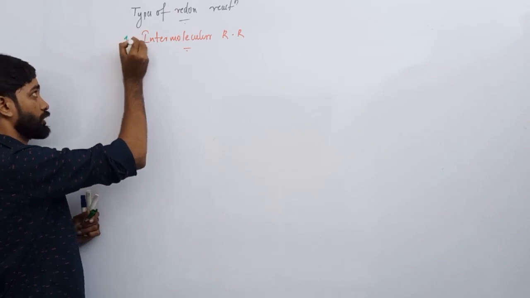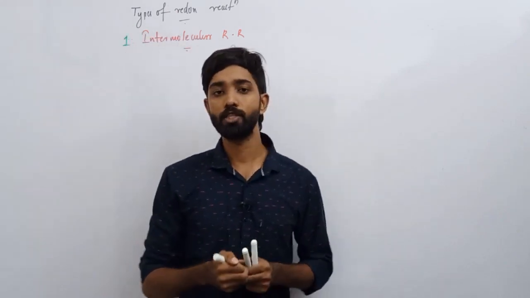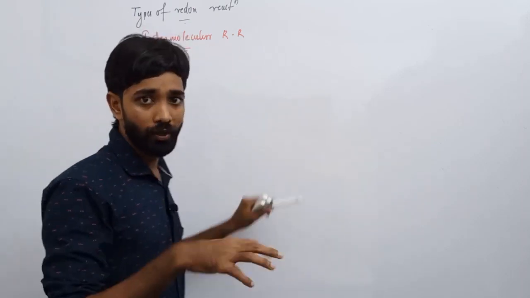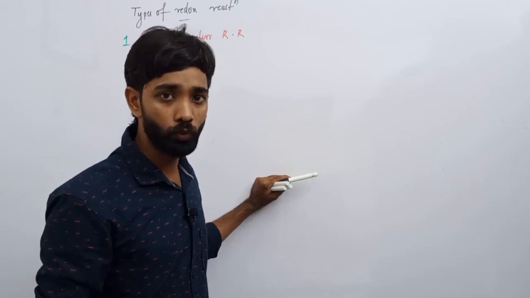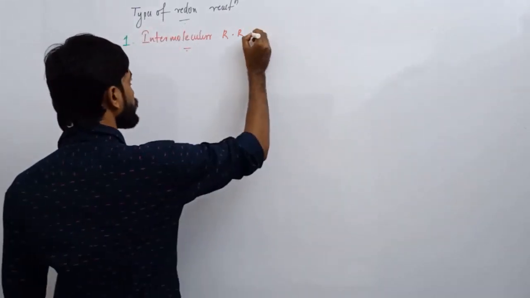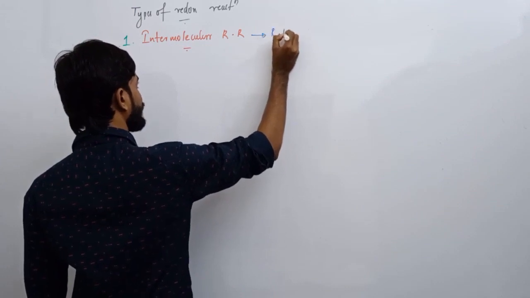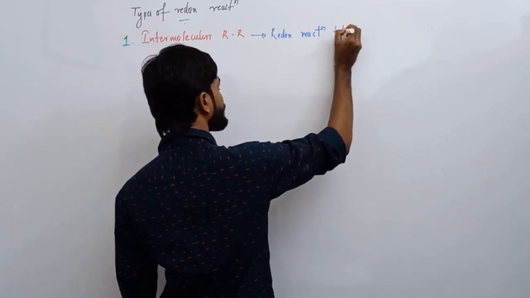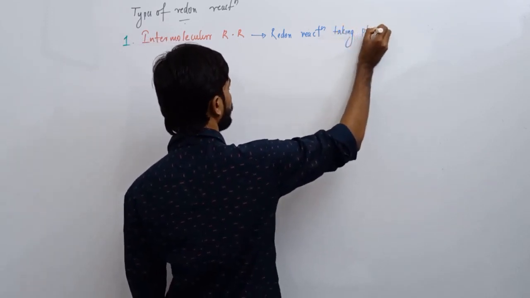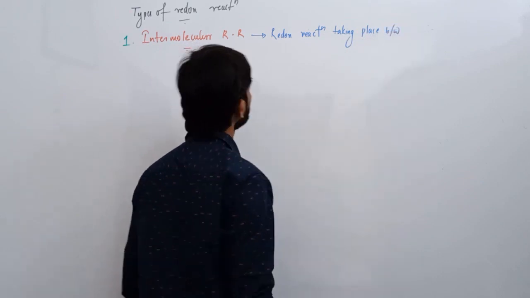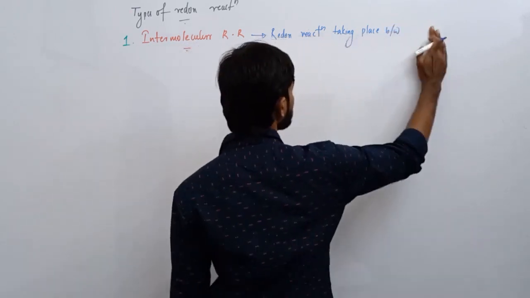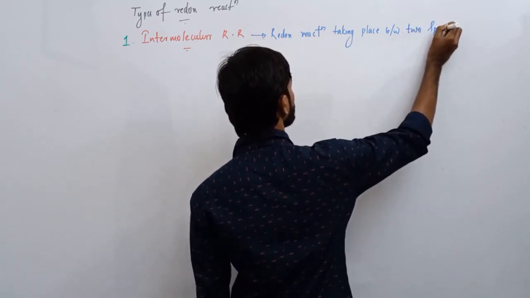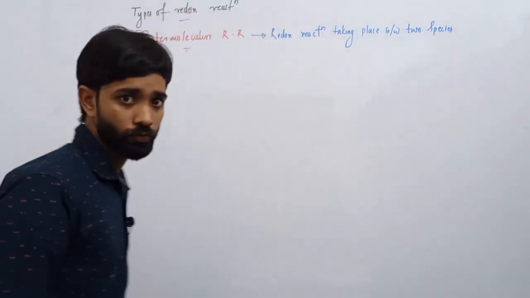What do you mean by the term intermolecular? Intermolecular means between two molecules or between two species. So it is a redox reaction taking place between two species, or between two molecules.